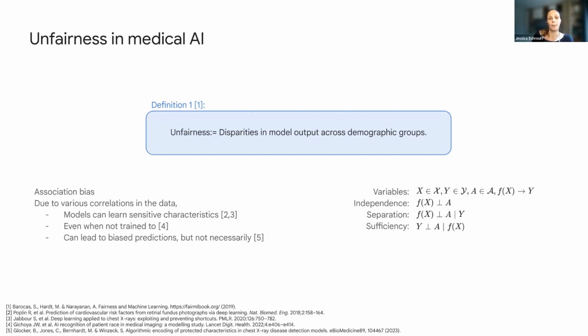So you have three families. You have the independence family, which is that your model prediction, or output, should be independent of your attributes. Separation is when your model prediction is independent of your attributes given your label.